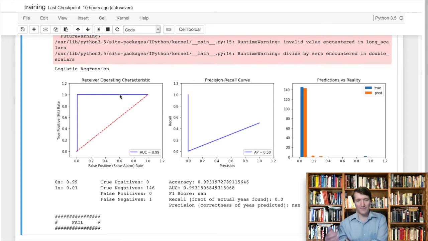And what this graph is showing us is the false positive rate versus the true positive rate for different cutoff thresholds.